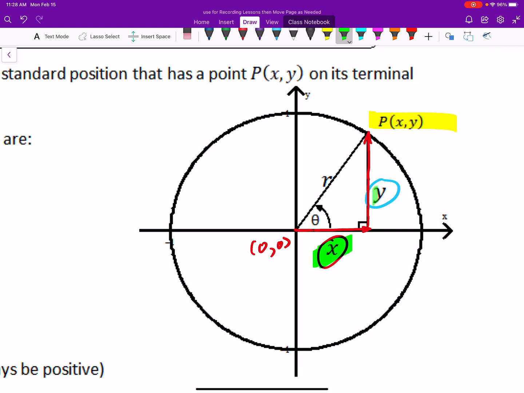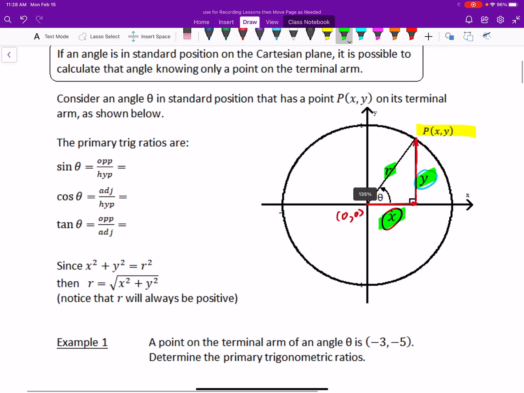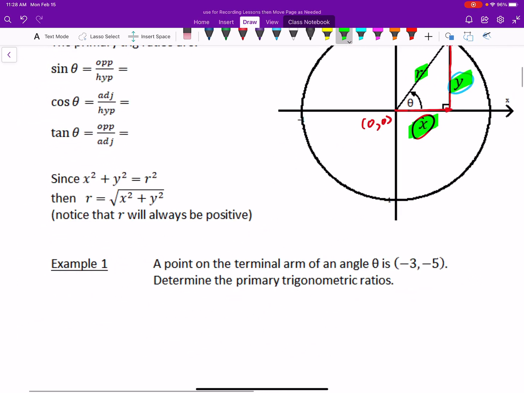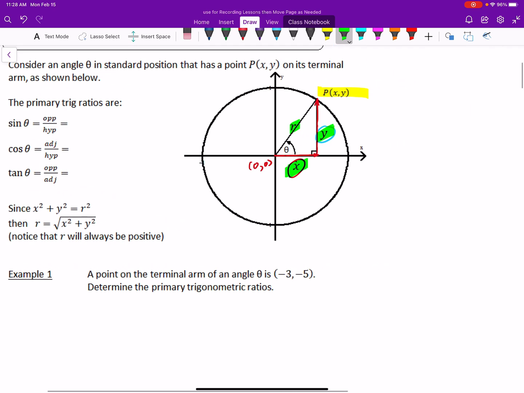The length of the side right here is whatever the y-coordinate is. And the radius can easily be found by using the Pythagorean theorem. Remember, the Pythagorean theorem is a squared plus b squared equals c squared. But in terms of this, x and y are our a and b, and the hypotenuse is our radius.